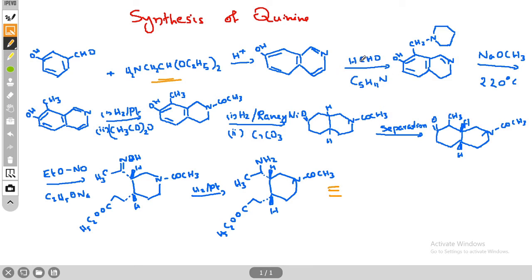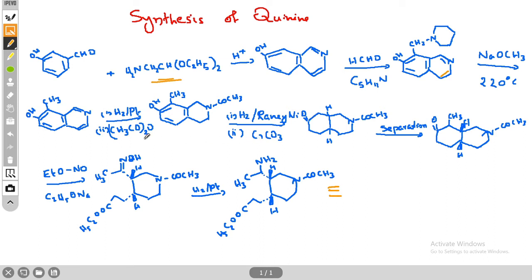The CH2 group comes from this formaldehyde, and this ring is C7H11N. Then it is treated with sodium methoxide at 250 degrees Celsius, and this bond is ruptured, and we have a molecule like this. There is also a double bond here.